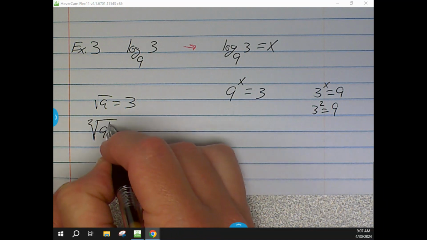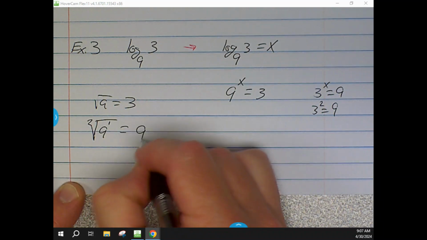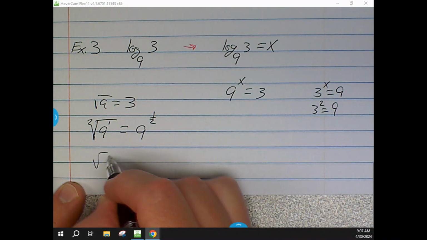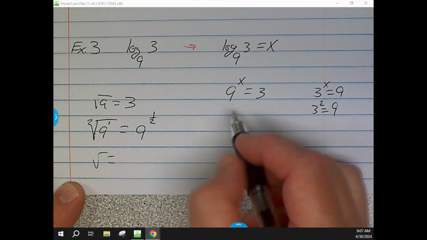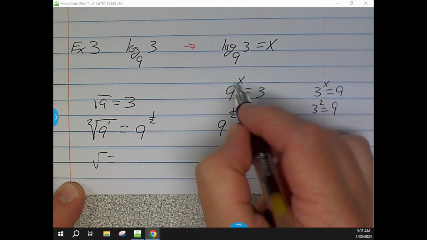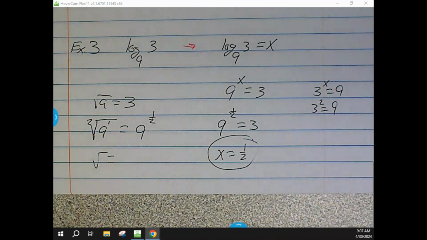So technically that's 9 to the first power, and that. So we could rewrite that as 9 to the 1/2 power. So anytime you've got square root, that's going to equal to the 1/2 power. So in that case, 9 to the 1/2 would equal 3. So in that case, our x value would be 1/2. There we go.